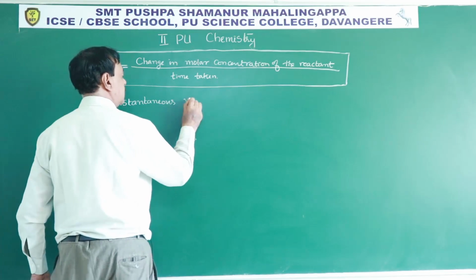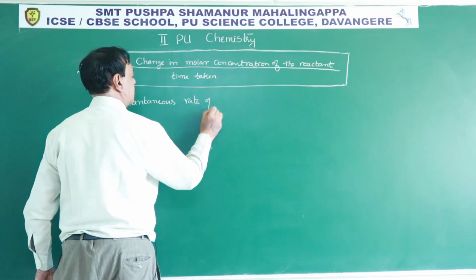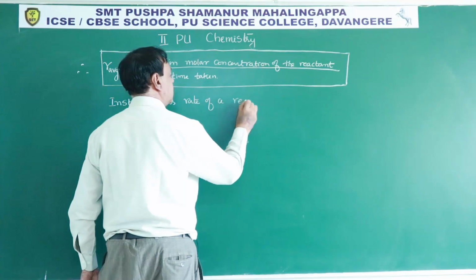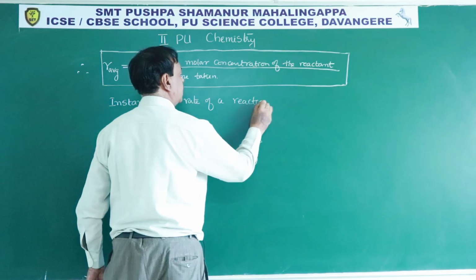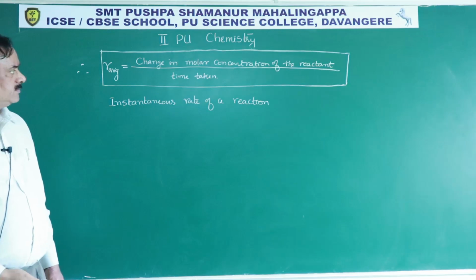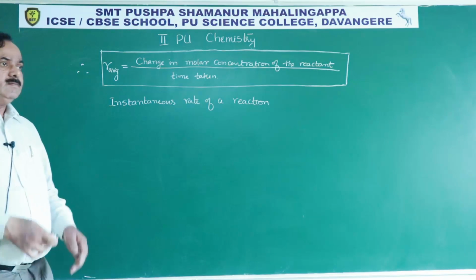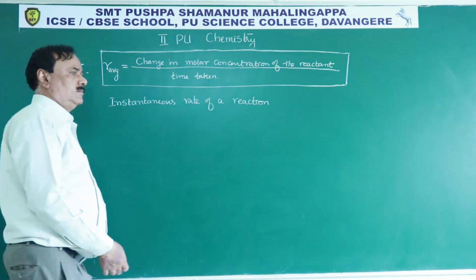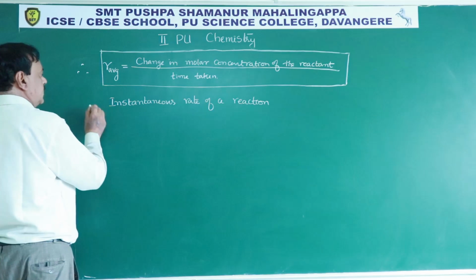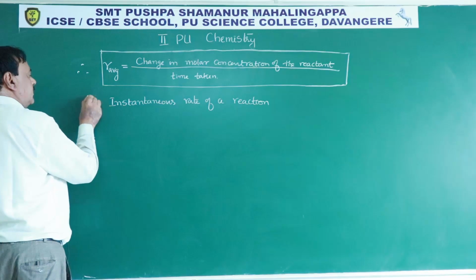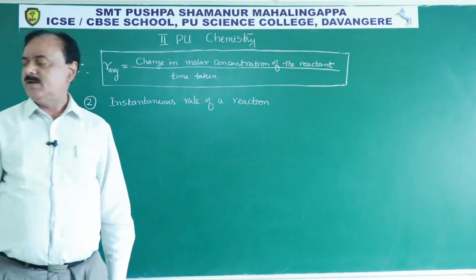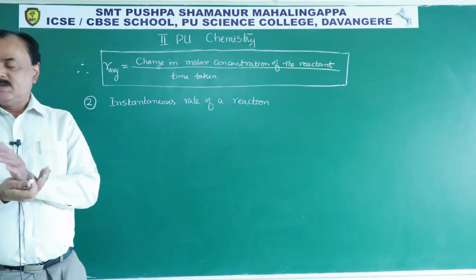This is the second one. Average rate of a chemical reaction is the first one. Instantaneous rate of a chemical reaction is the second one.